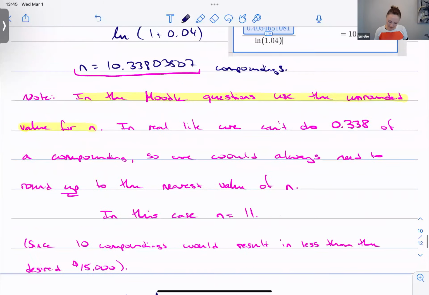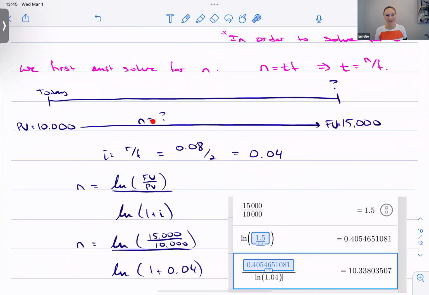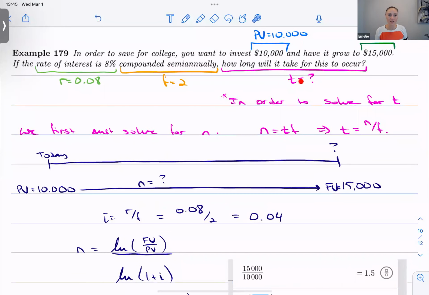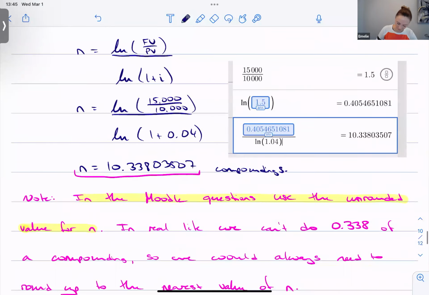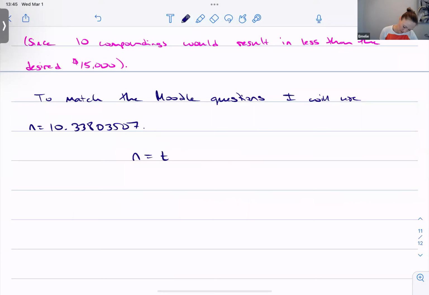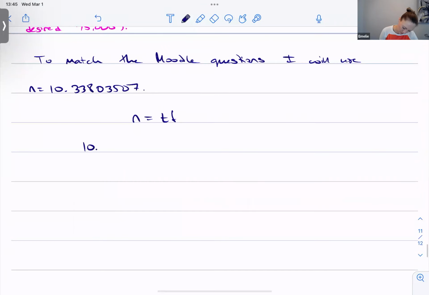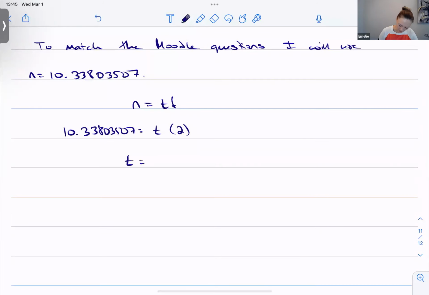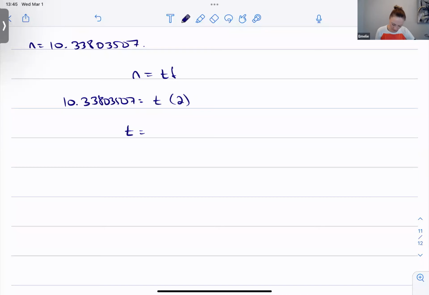That wasn't quite done yet. We need to solve for n, but really what we want to know is how long this is going to take. So t is n divided by f. Or if you start at n is t times f, then 10.33803507 is time times the frequency, which is 2. So t is going to be 10.33803507 divided by 2.